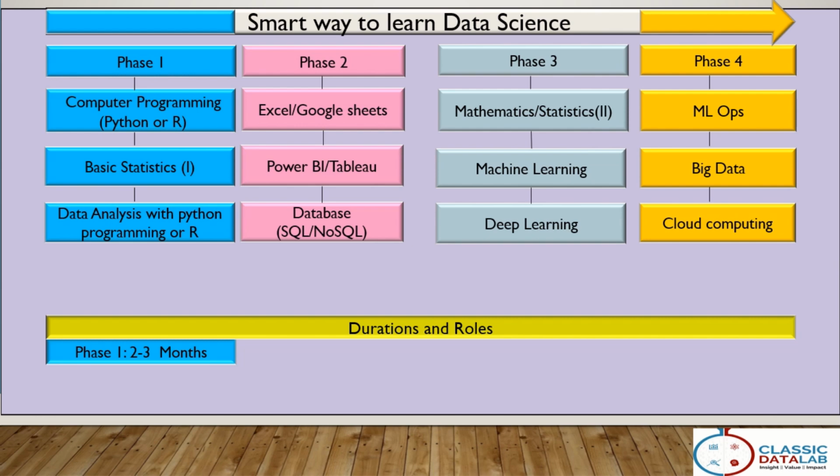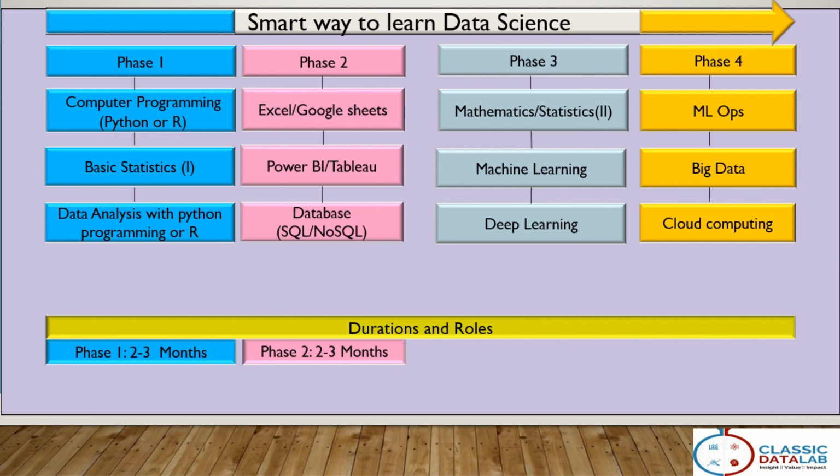If you are consistent and you are learning from the right resources, 2 to 3 months will be enough for you to cover phase 1. A similar thing for phase 2, 2 to 3 months. And if you already have knowledge in Excel, it may take you less than that, right? It may also take you more than this, depending on your background and your consistency in learning, and then the speed at which you learn these things, okay?